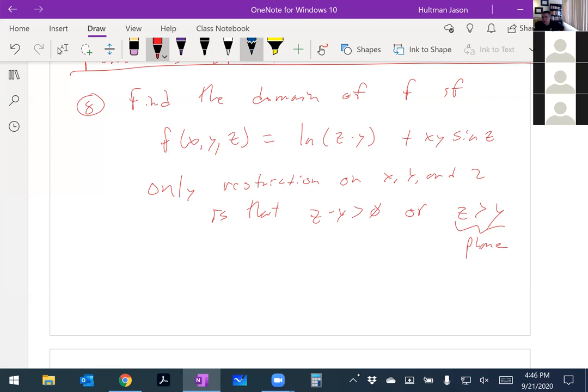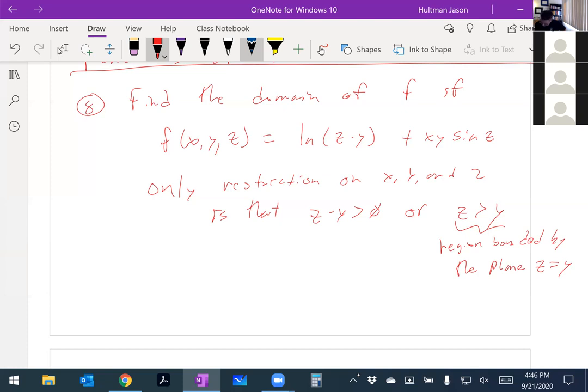This is a region bounded by the plane z equals y. Okay, that's the region bounded by that plane, z equals y.